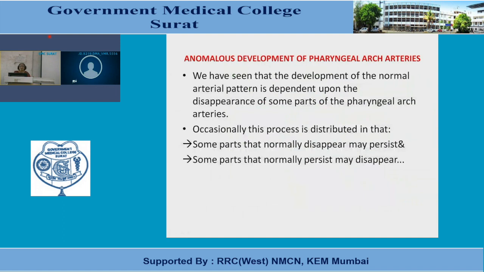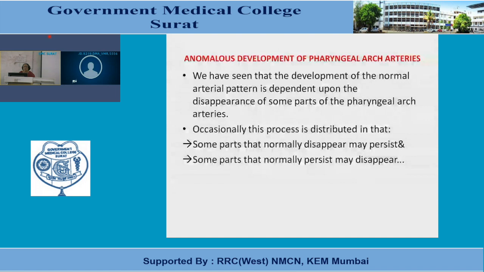The anomalies of the pharyngeal arch arteries, the anomalous development of the pharyngeal arch arteries, we can see here. We have seen that the development of the normal arterial pattern is dependent upon the disappearance of some parts of the pharyngeal arch arteries.